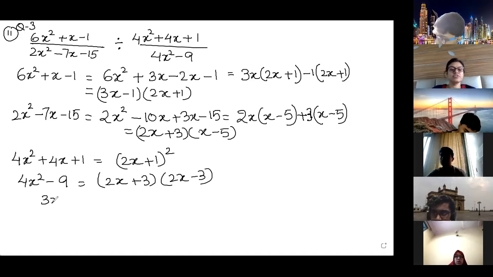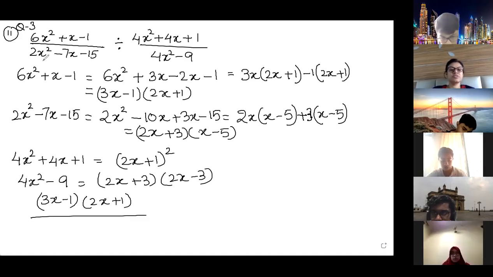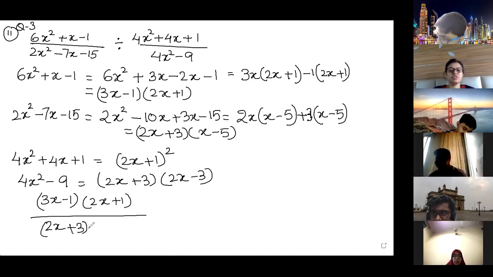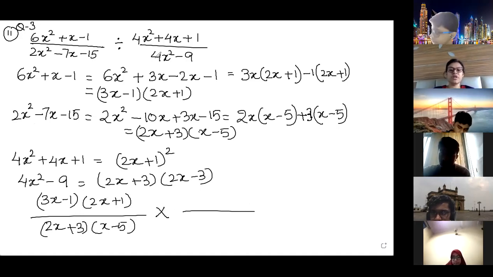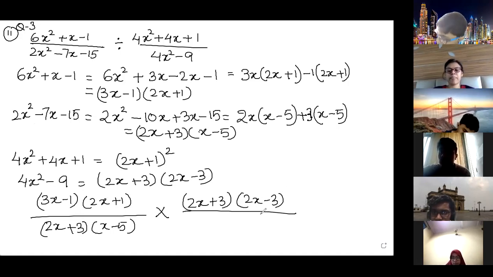Now putting the values, we'll write 3x minus 1 into 2x plus 1 upon the denominator 2x plus 3 into x minus 5. I'm putting a multiplication sign, so I'll take the reciprocal over here. I'll write the numerator as 2x plus 3 and 2x minus 3, divided by 2x plus 1 whole square.